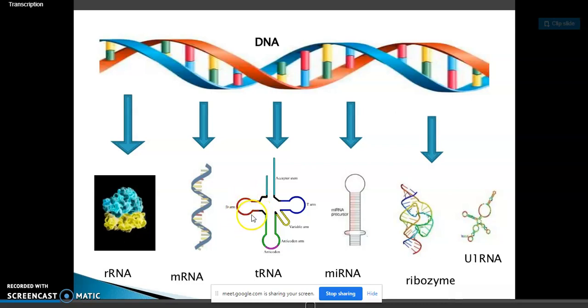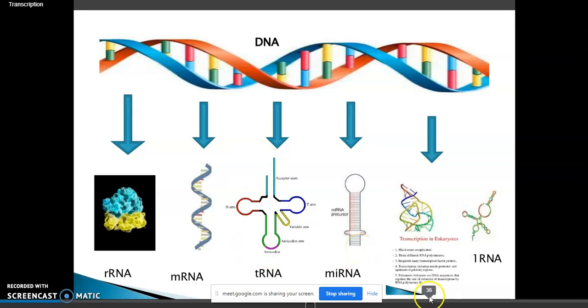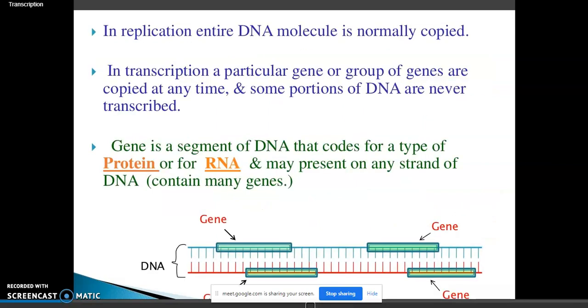Wherever it doesn't have complementarity, it forms a loop-like structure. Altogether, it forms a clover leaf model. It looks similar to a clover leaf, that's why it's called the clover leaf model of tRNA. Then you have miRNA, that is microRNA. Then there are a few RNAs called ribozyme, U1 RNA, and so on. We will discuss each of these RNAs later. But today's discussion, we will take mRNA.